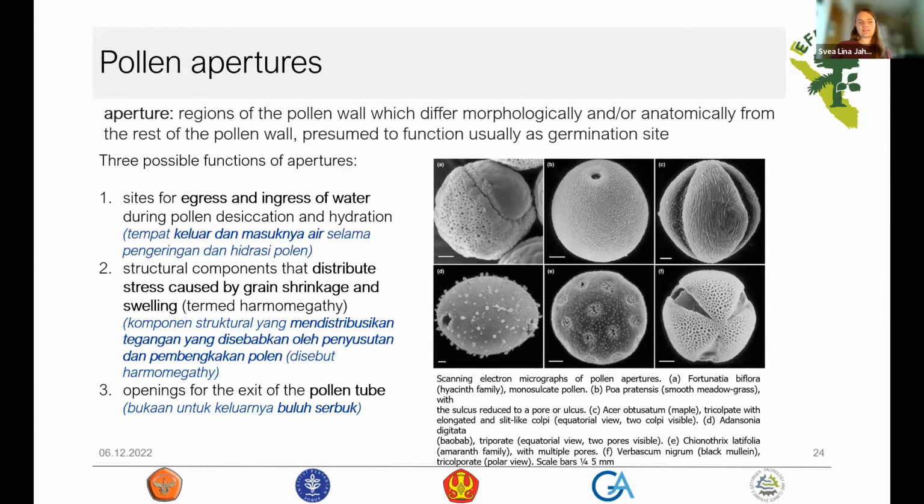Another point is that it's maybe also a structural component, so that the pollen wall doesn't break during such stress that comes with water intake or uptake, for example, this grain shrinkage. And then, of course, the major function probably is the opening to exit the pollen tube.